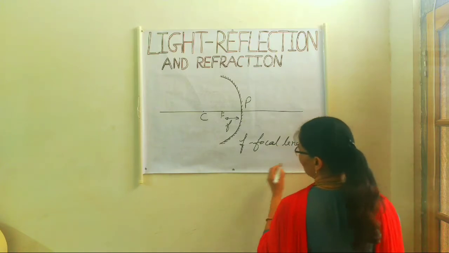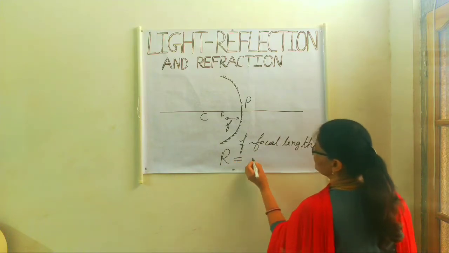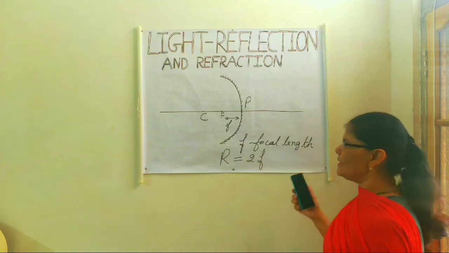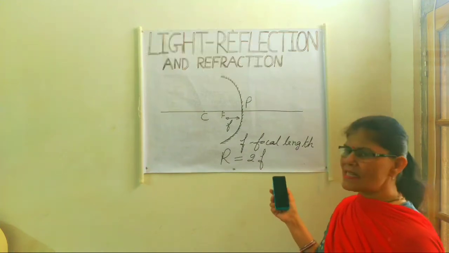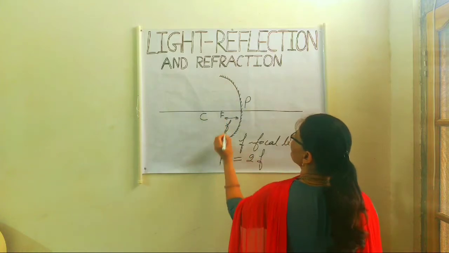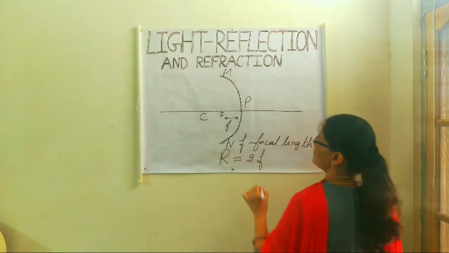This is focal length, and R, the radius of curvature, is 2 times the focal length in case of mirrors having small apertures. Children, this MN, this diameter of the spherical mirror, is the aperture.